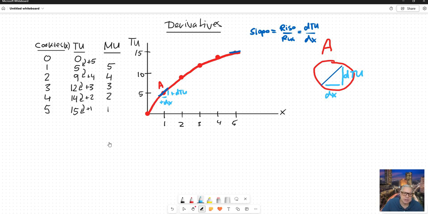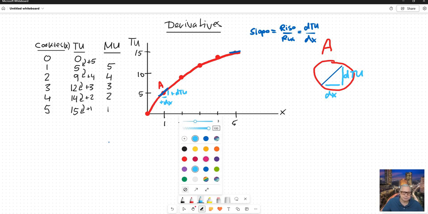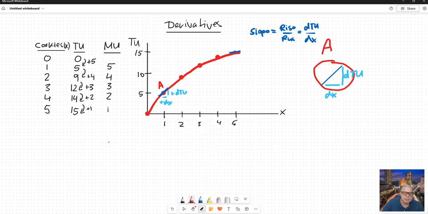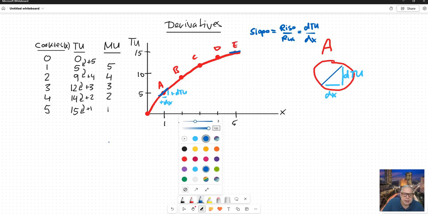And we can see that the marginal utility in point A is much higher than in point B, and point B is much higher than point C, and point C is much steeper than point E. Because if you always look at it, the slope becomes flatter and flatter.